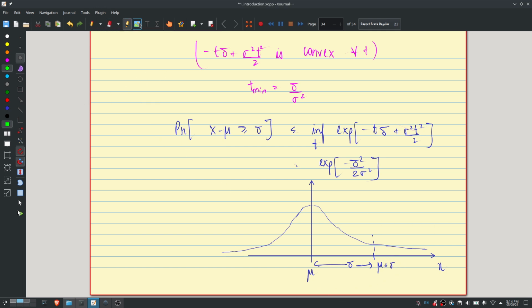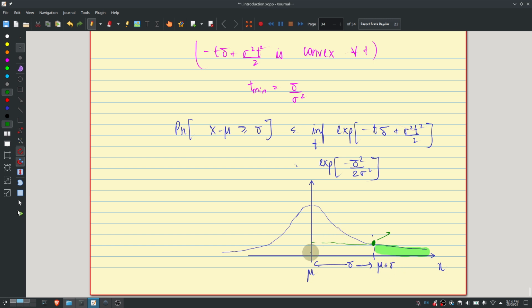And I want the probability that, I want this particular probability, right? Now, what is the value of the PDF at this particular point? X is equal to mu plus delta, right?